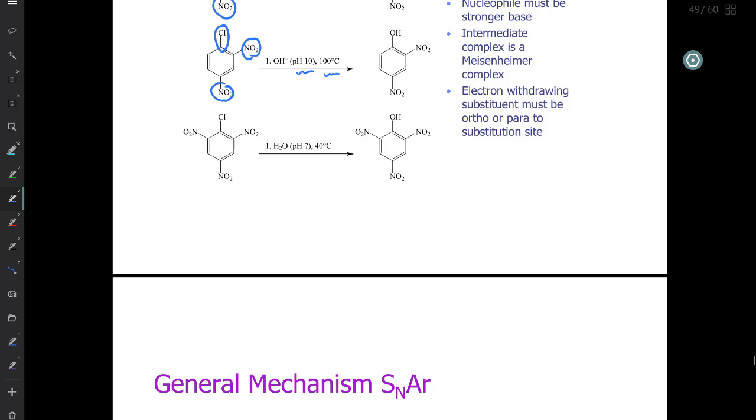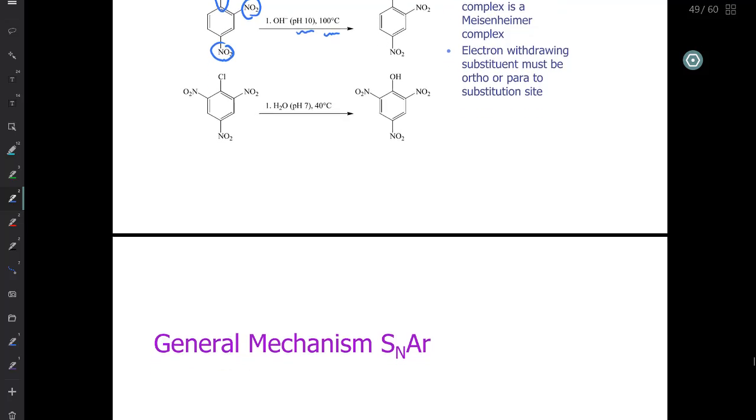And then if you look at it one more time, you add one more nitro group. Again, these groups are ortho para to the chlorine substituent. Remember, nitro groups increase the partial positive charge at this carbon by withdrawing electrons from the ring in the ortho and para positions.